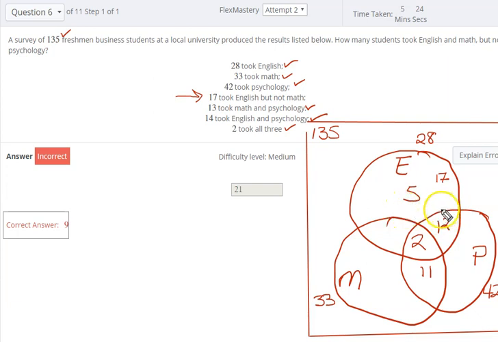Now, we want to figure out what goes here, right? Because all we want to know is how many took English and math. English and math.